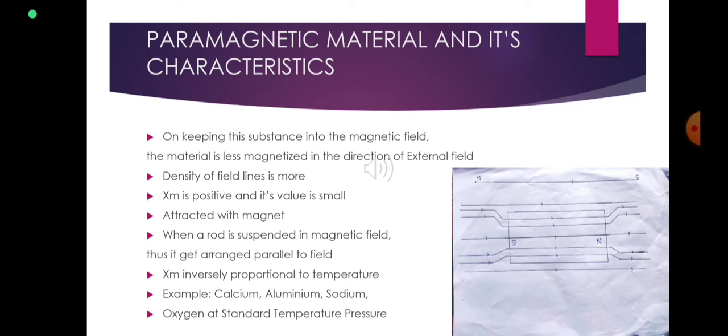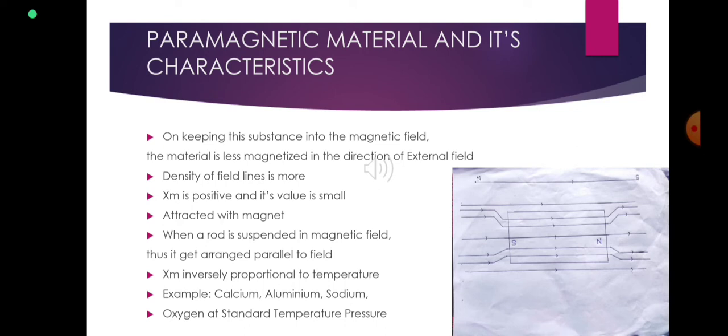So inside the paramagnetic material, the density of field line is more, because magnetization of field lines which are outside the material gets attracted inside the material. This means field lines are very closer inside the material. Third one, chi-m is positive and its value is small.